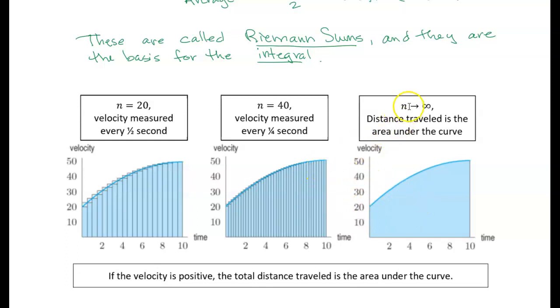So as the number of intervals goes to infinity, you get a nice smooth area that is the area under the curve. Okay, so let me go back to today's lecture.